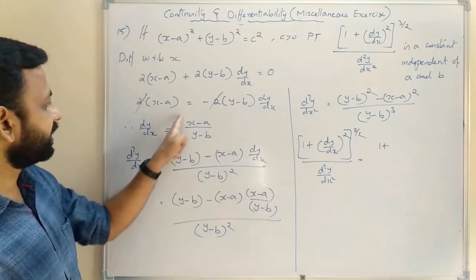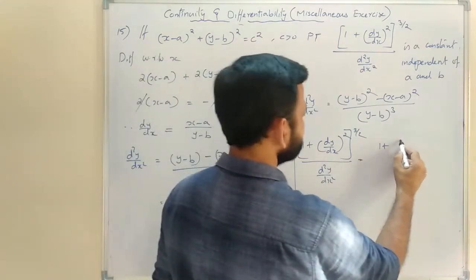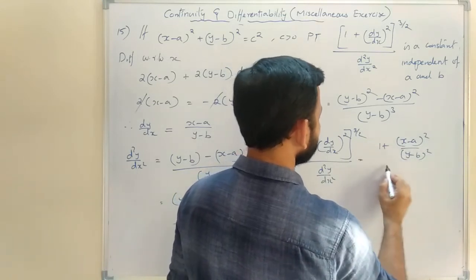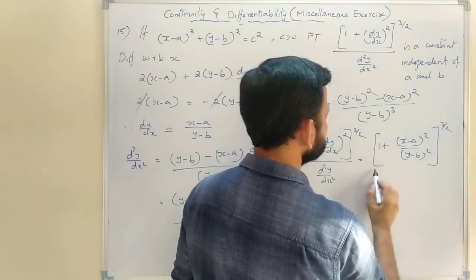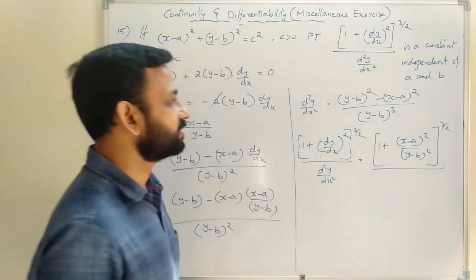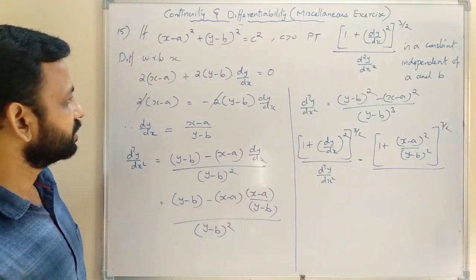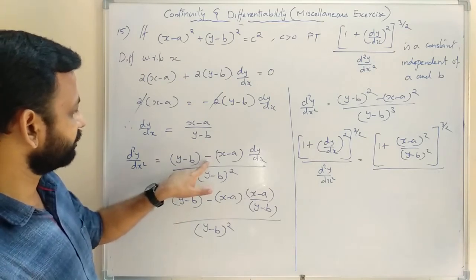Here (dy by dx) all square is this one, (x minus a) upon (y minus b) whole square. That is [(x minus a) whole square plus (y minus b) whole square] raised to the power 3 by 2, all divided by d square y by dx square. So that is, here we have a negative sign only.